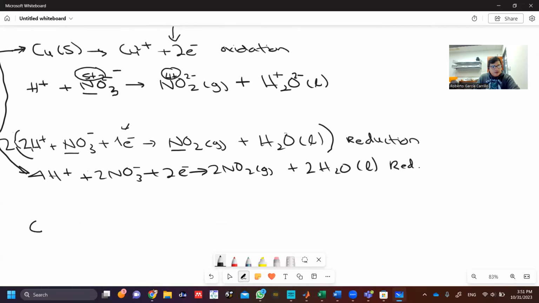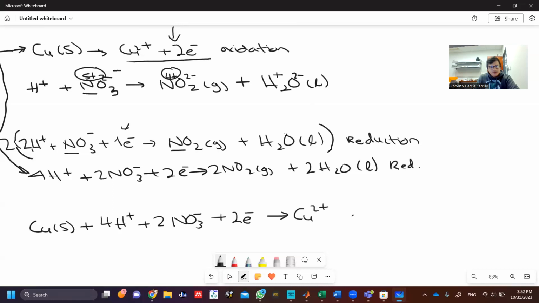It would be solid copper plus 4 protons plus 2 nitrates plus 2 electrons equal, now the products, which are these 2 copper ions plus 2 electrons, and the products on this one, 2 NO2 plus 2 water molecules.